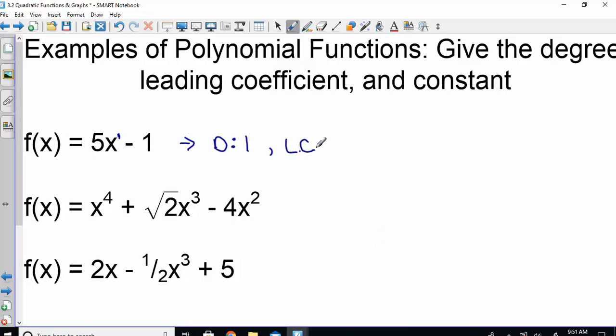The leading coefficient, that's the coefficient on the term with the highest power. So here's the highest power, so the coefficient there is 5. What is my constant term? Negative 1.